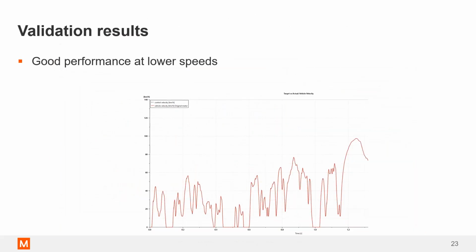Looking at the results, we had really good results coming out at our lower speeds. So our low, medium, and high speed tests were bang on the money. We're happy with what we were seeing. I don't know if it shows too well at the moment, but there's a dotted line as well as a solid line in here representing the requested information and the actual performance of the machine.